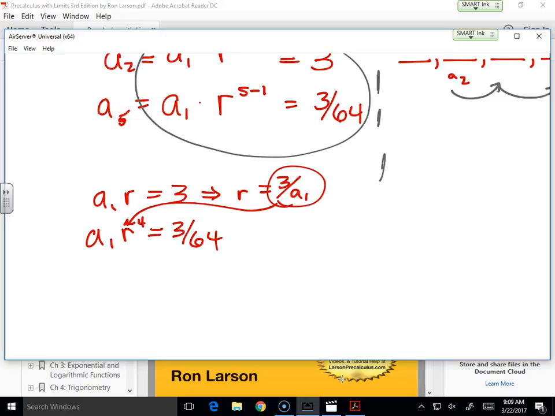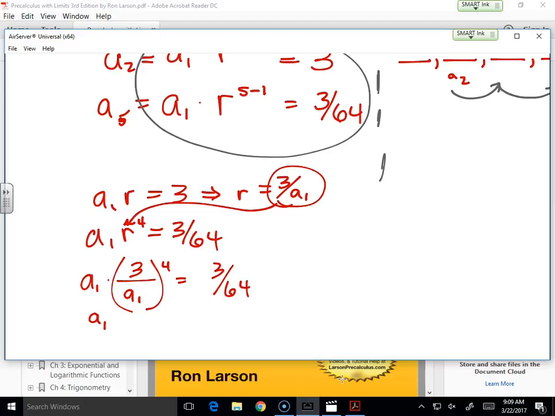Then to solve that system, we could go ahead and say A sub 1 times 3 over A sub 1, all raised to the, what's R being raised to? The 4th power, equals 3 over 64. We have A sub 1, 3 to the 4th. Wait, what is 3 to the 4th?